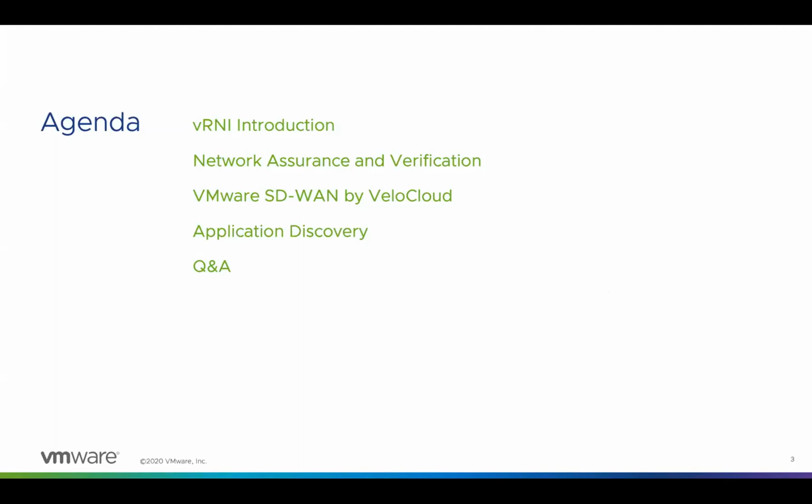But I won't cut off his grass there and will leave him with that topic. After that's done, I'll move on to VMware SD-WAN by VeloCloud, as SD-WAN is a pretty hot topic these days, and vRNI is a perfect companion when it comes to monitoring the SD-WAN and also the end-to-end network.